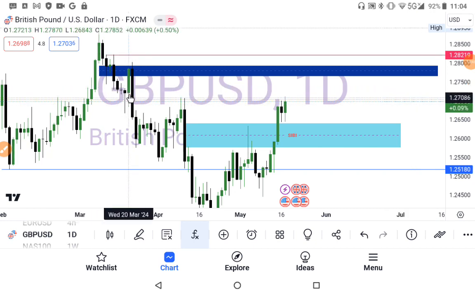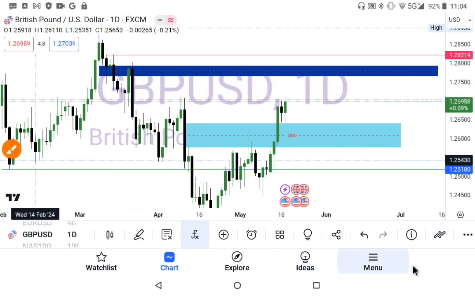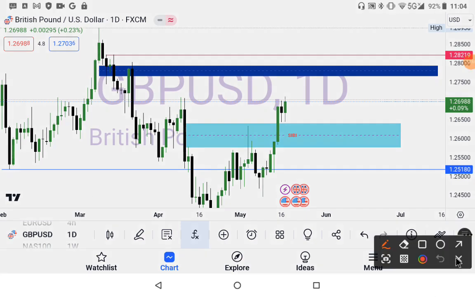This is another block. That green candle is an order block. Let me show it out. This is an order block here. So at least the mean threshold of this order block will be my first target, and that will be around 1.27500.